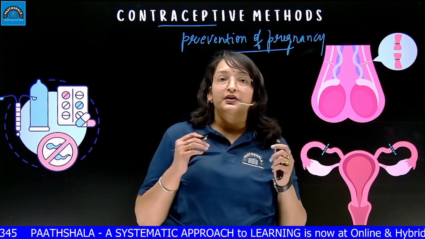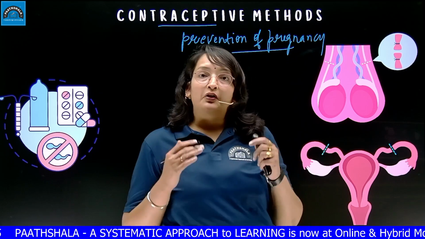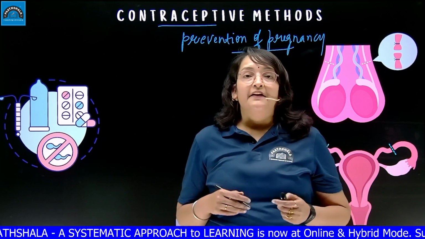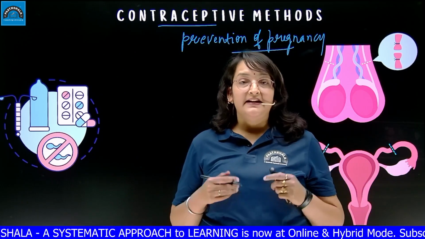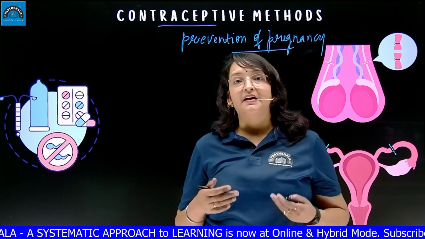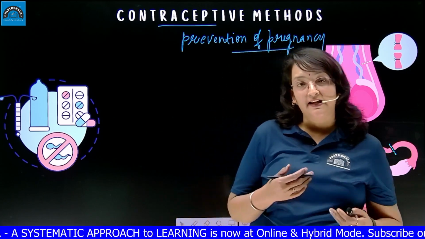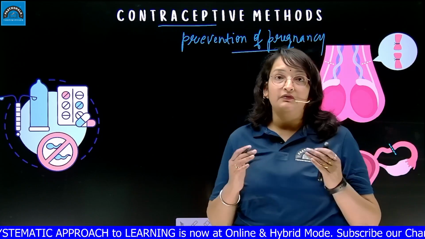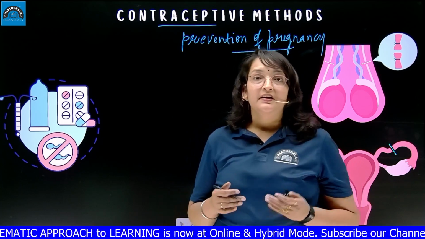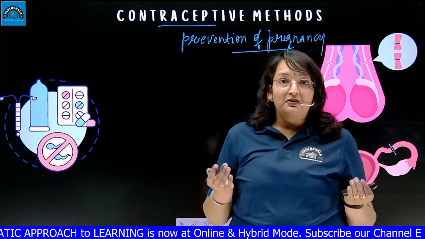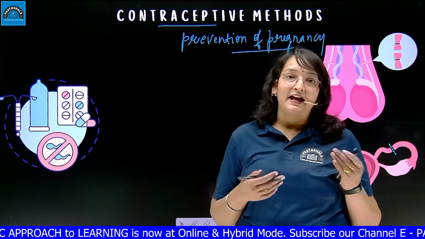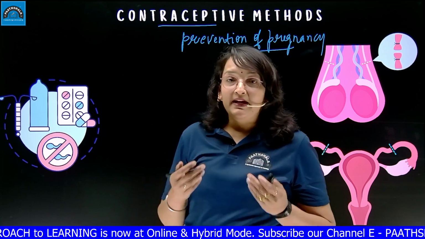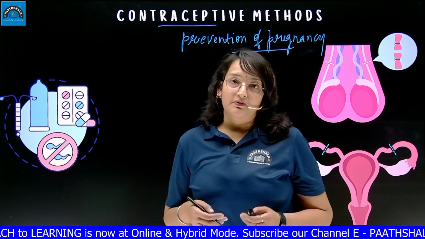If we want to control population, if we want to provide all the basic facilities to the people, then we have to control the population. That's why our government is running the RCH program, the reproductive child health care program, where we are talking about family planning and contraception. There is a slogan also, hum do hamare do, happy family, small family. Like these, we are making the public aware about these things.